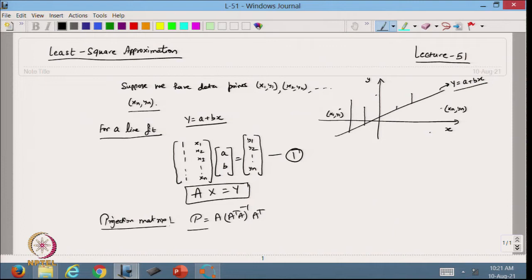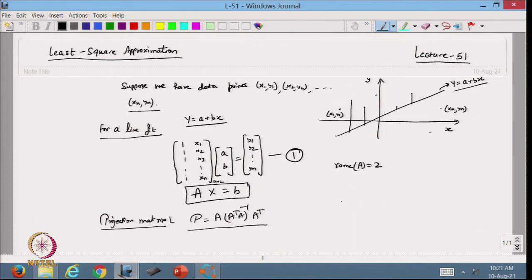This is my projection matrix which projects the vector, or maybe I should call it B. Now P is of n cross 2, and the rank of A is 2 because both the columns are linearly independent. Then we took the projections.